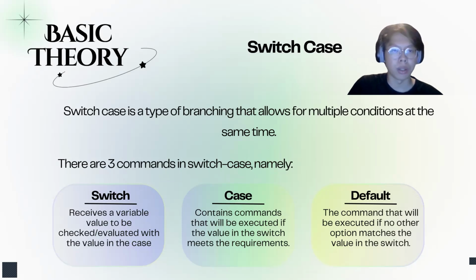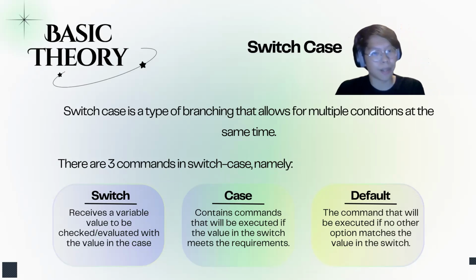We go back to the 3 commands of switch case. The first one is the switch, a command that receives a variable value to be checked against the values in the case, which is our next command.